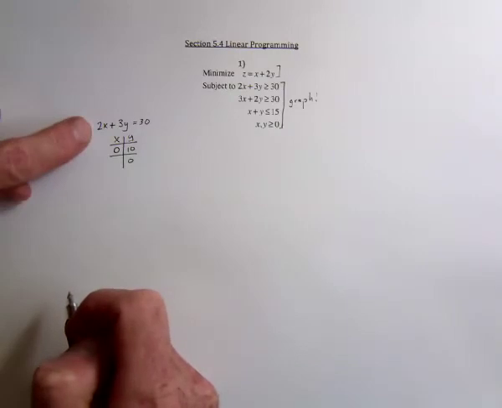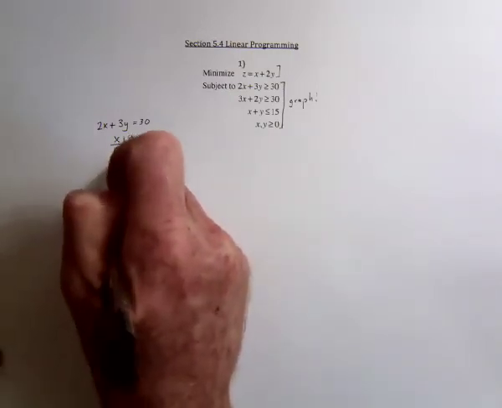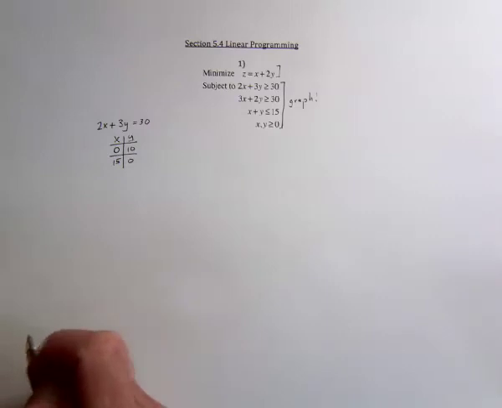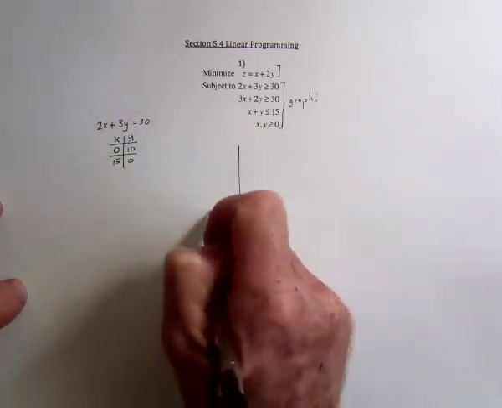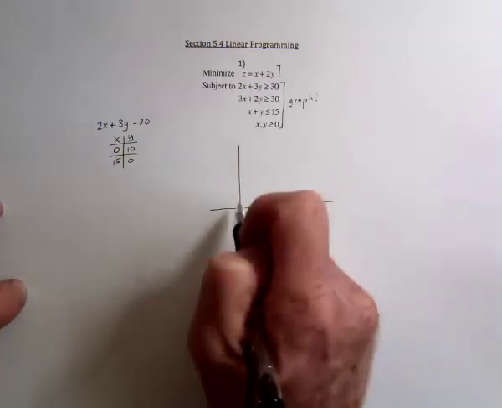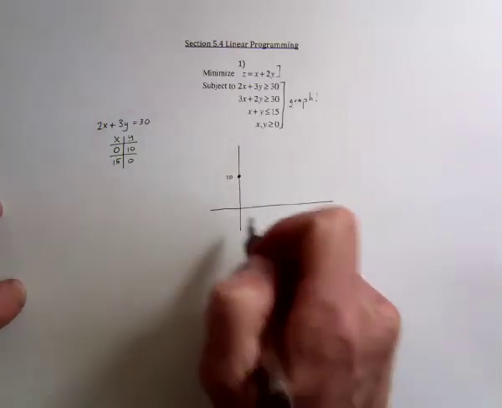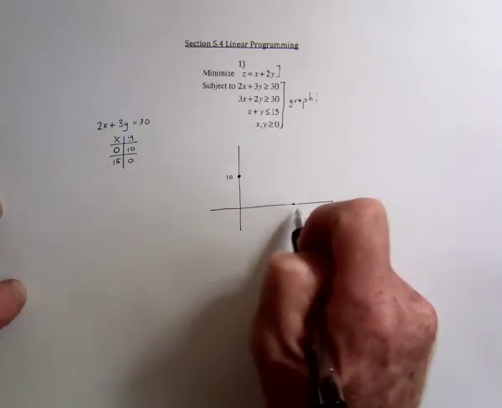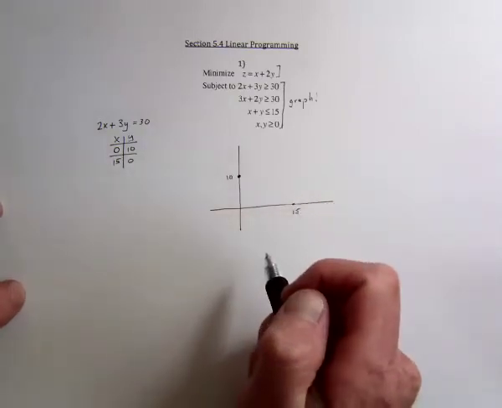And then we'd have 2x equals 30. So 15 for x. And then start graphing. So 0, 10 for the y-intercept, and then 15, 0 for the x-intercept.